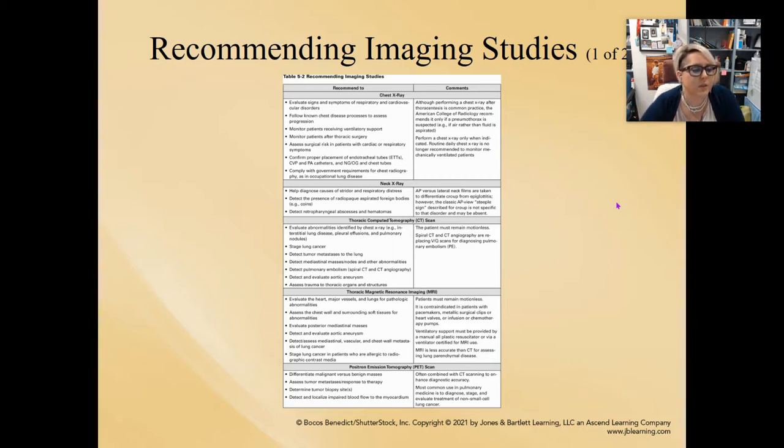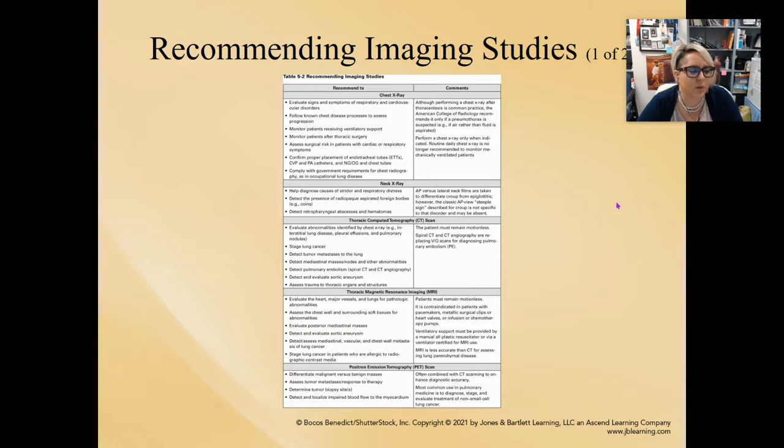And thoracic computed tomography, so CT, always start. So CT scan: evaluate abnormalities identified by chest x-ray, such as ILD, pleural effusions, and pulmonary nodules. Stage lung cancer, detect tumor metastasis to the lung, detect mediastinal masses, nodes, and other abnormalities.